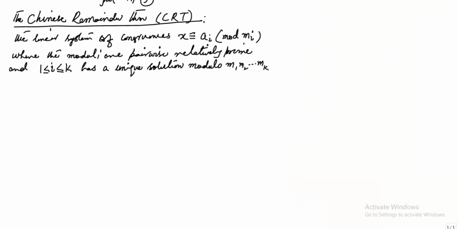Okay, now look at the proof of the theorem. This proof consists of two parts. In the first part, we have to show how to construct a solution of the linear system, and the second part is to show the solution is unique modulo m1 m2 till mk, the product.